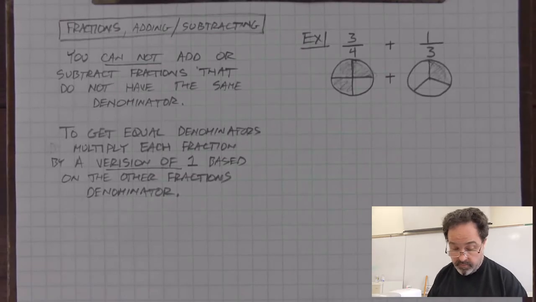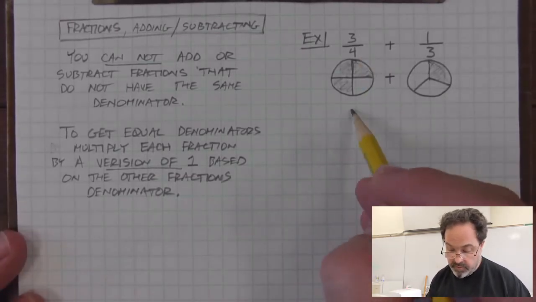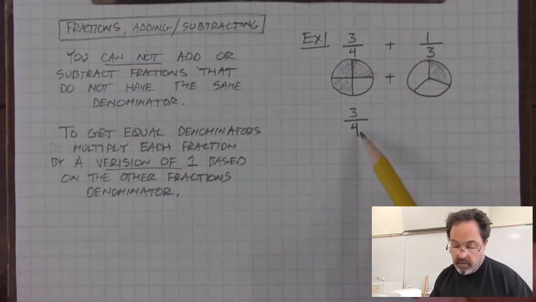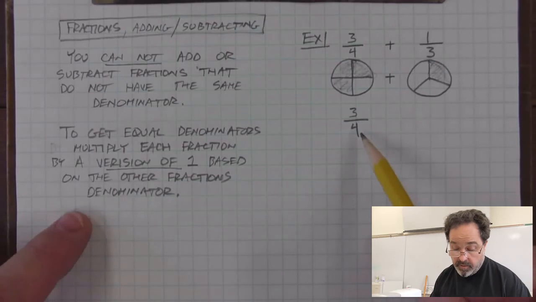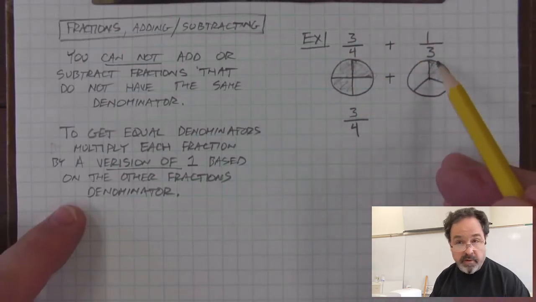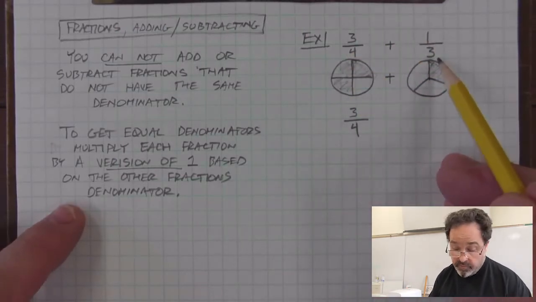Let's continue our example. I have the fraction 3/4. I want to multiply this fraction by a version of 1 based on the other fraction's denominator. The other fraction's denominator is 3.